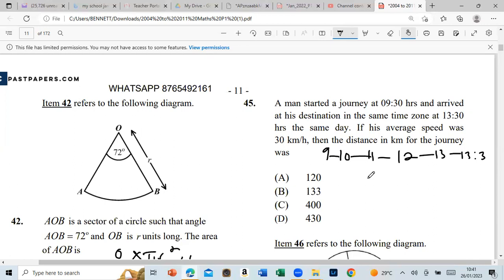So it's 5.5. So it would be 5.5 times 30. I'm going to put the 55 like that, easier to multiply, right? We just drop a 0 and then 3, 5.